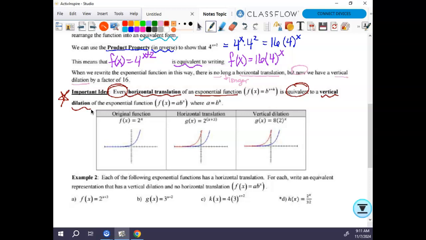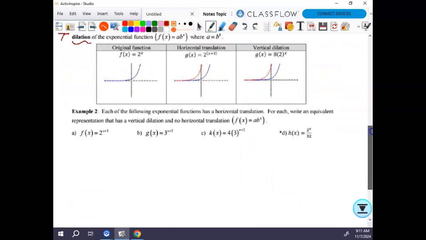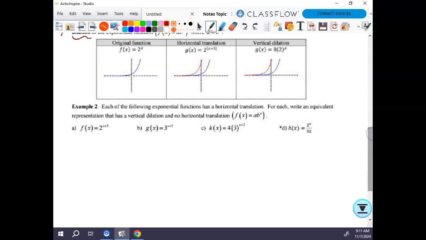Here's a little visual for you. I didn't do it on the one we actually wrote out. But this is 2 to the x. It's in blue. I know on yours you can't tell which is which, but it's in blue. So if I do 2 to the x plus 3, that means I've shifted it to the left 3, and you can see that that's what happened with my red one. Make sense? I can just move it over.